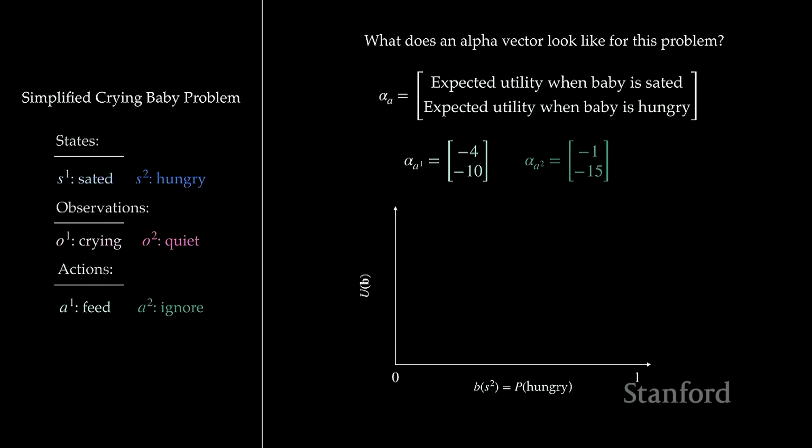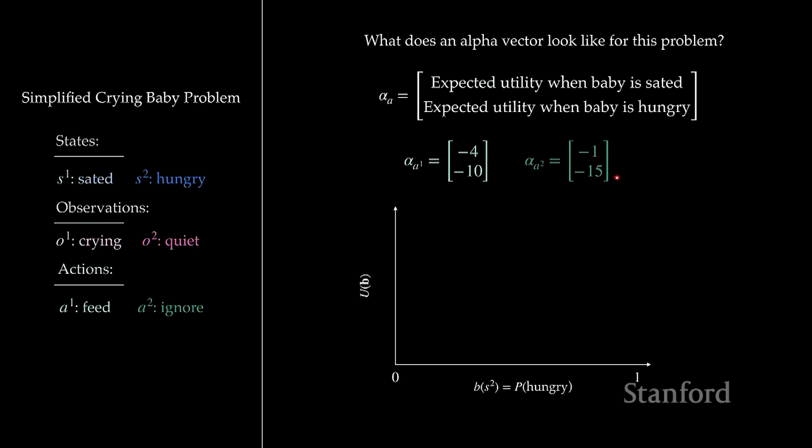Because there are only two states, if we're not hungry, we know that we're in the other state. So this entirely represents the belief space, because if our probability of being hungry was 0.8, then we automatically know the probability of the other state is 0.2. We really only need one dimension to represent our whole belief space for this particular problem, which is nice, because then we can plot it.